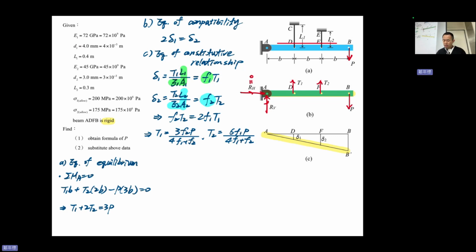See T1 and T2, how they look. They look very similar: they have the same base 4F1 plus F2, and F2, F1, P, P, and this is 3 and 6.